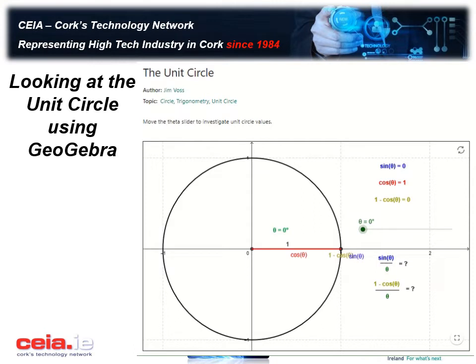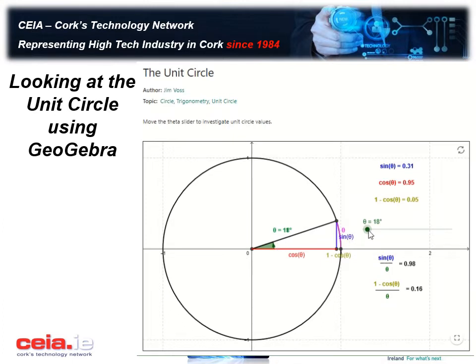And what we get is this simple GeoGebra lesson all about the unit circle. Okay, so it's quite a simple one. We have something here called a theta slider, and we have to move the theta slider to investigate unit circle values. And this is the slider here. So by moving the dot back and forth along the slider, we can change the angle at the center of this unit circle.